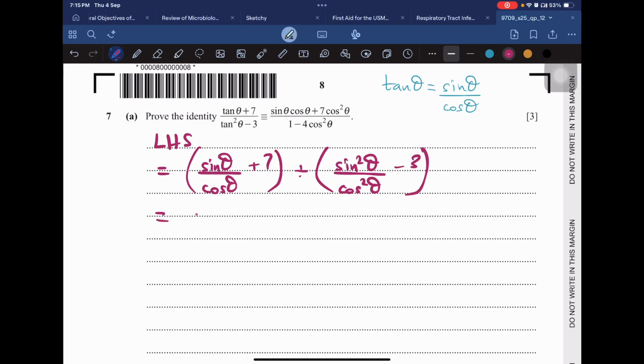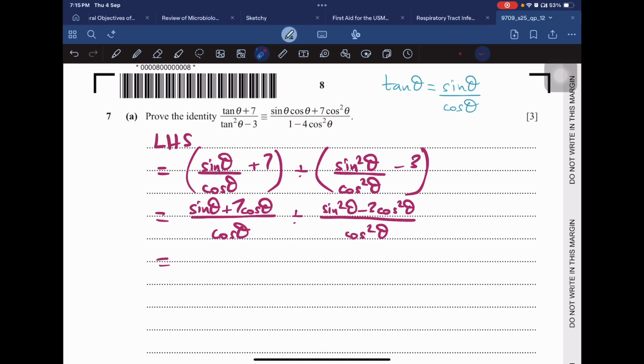So the first bracket will become cos theta in the denominator, sine theta plus 7 cos theta in the numerator, divided by cos square theta in the denominator and sine square theta minus 3 times cos square theta. To shift the division sign to multiplication, I'll have to take the reciprocal of this. So sine theta plus 7 cos theta on cos theta multiplied with, I'll reciprocate the second fraction.